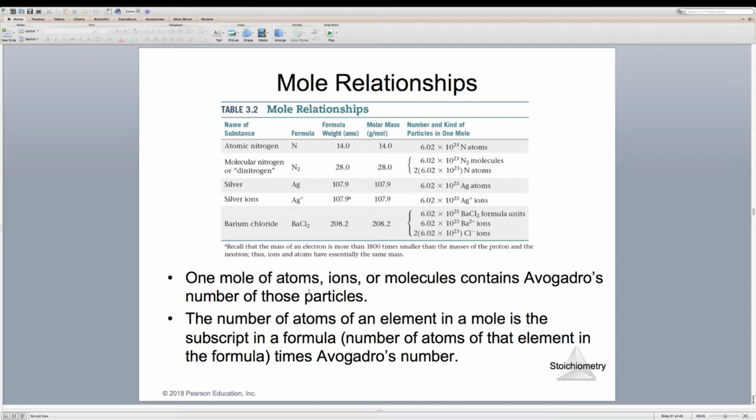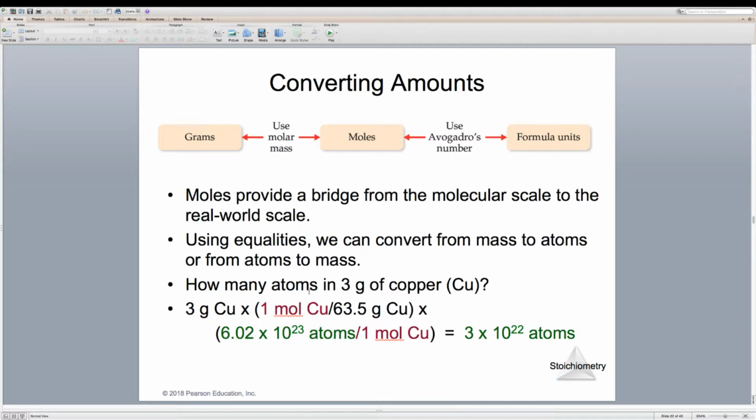So 1 mole of atoms, ions, or molecules still contains the same amount of particles, which is Avogadro's number. The number of atoms of an element in a mole is a subscript in a formula, and you still have to multiply that by Avogadro's if necessary.